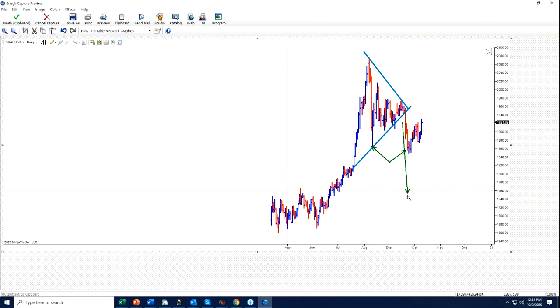And also, prices just don't fall out of the sky. They take time to build. They need to build space in order to go the other way.